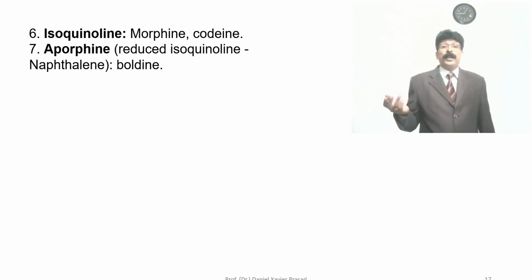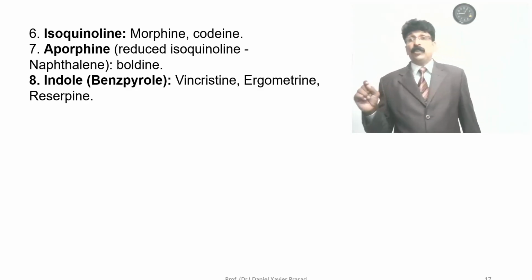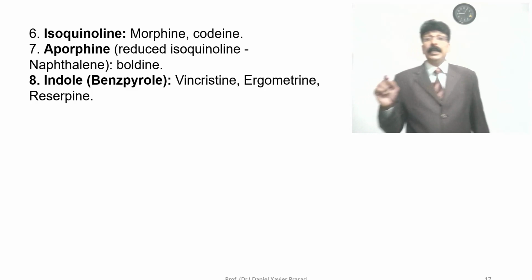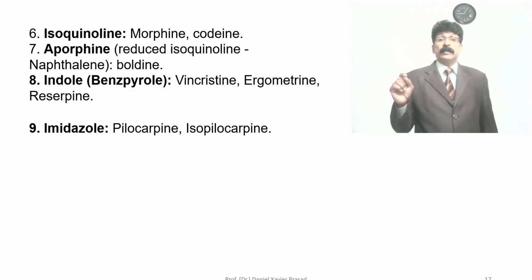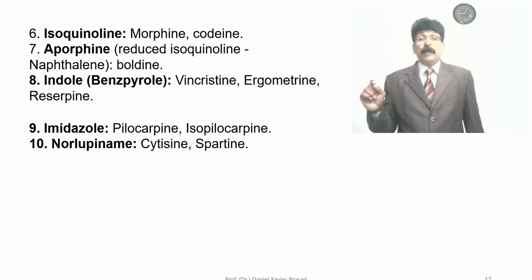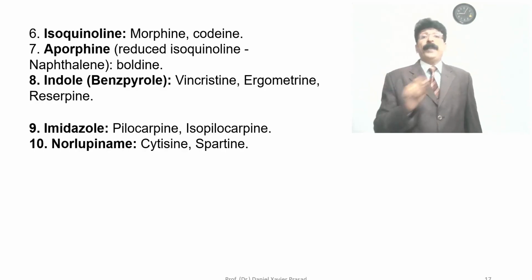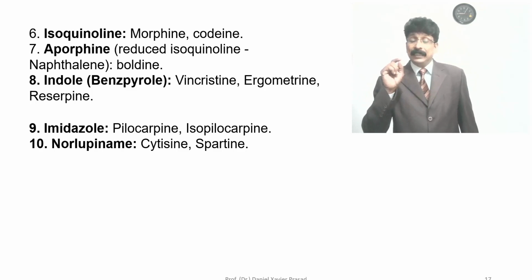Aporphine, that means reduced isoquinoline, like boldine, and indole alkaloids are benzopyrrole alkaloids, vincristine, ergometrine and reserpine are the examples. And imidazole: pilocarpine, isopilocarpine, and norlupinane, examples are cytisine and sparteine.